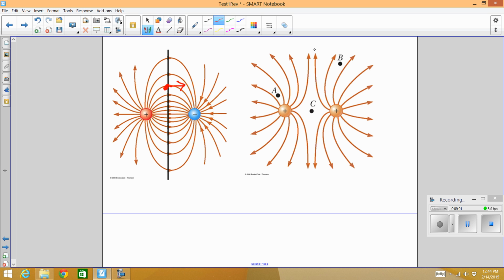If the charges are the same and you look at that same line, you can see the electric field along the center will be up. Anywhere along the center will be up. The further you get away, the smaller it gets. The closer you get, the bigger it gets.